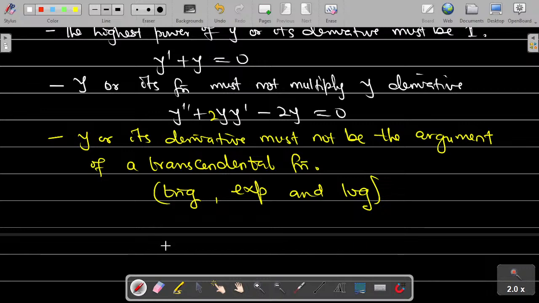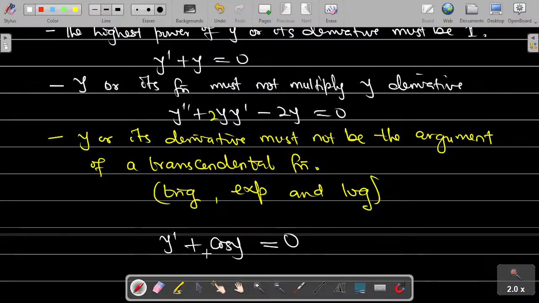So for instance, I have something like y prime plus cos y equal to 0. This is a first order differential equation because you can see that the highest derivative present is 1. Now, what is the degree? Of course, the degree is 1.